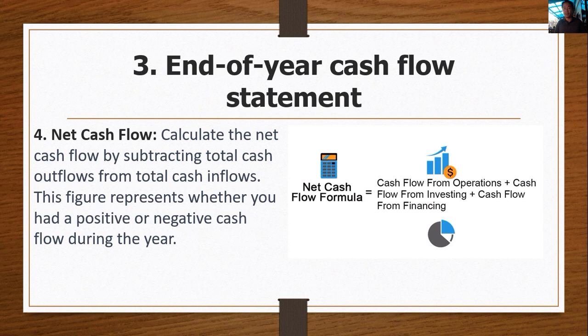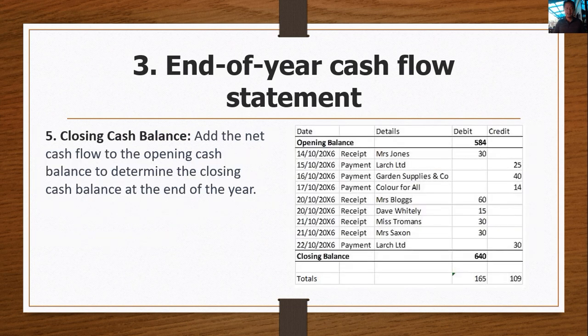By the end of the year, you will be hoping that you will attain a positive result in your net cash flow. And for your closing cash balance, add the net cash flow to the opening cash balance to determine the closing cash balance at the end of the year.